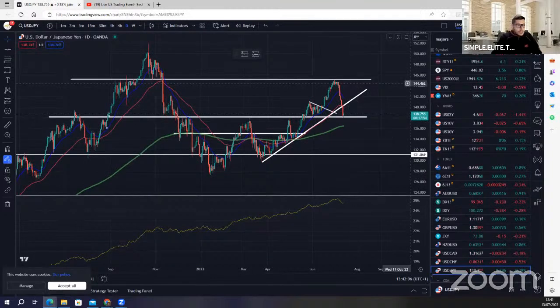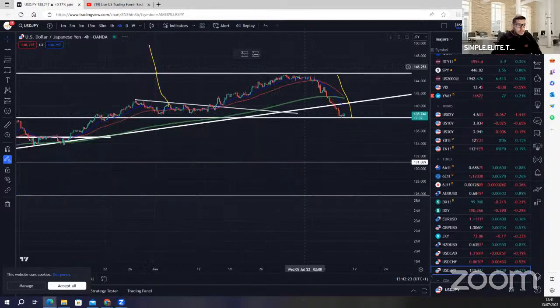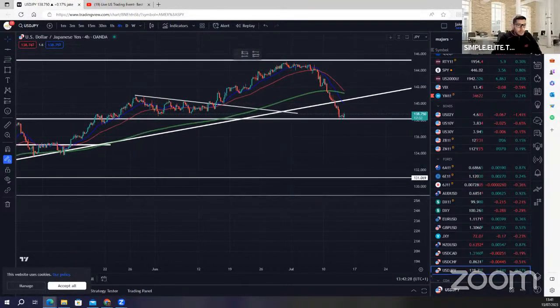Yen, when it starts to move, moves very strongly, like this one, but now I want to see some retracement, and there is some support area here.